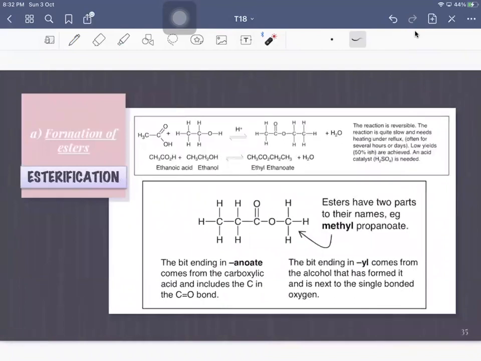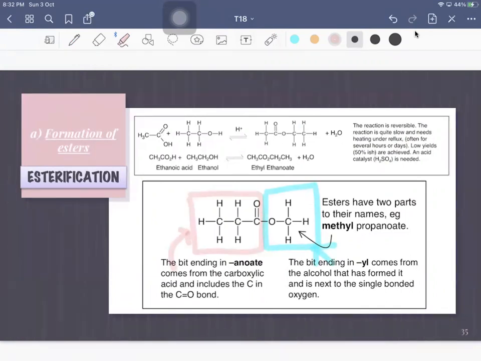All right. So for the naming of esters, the bit ending in yl comes from the alcohol. So that means this part is the alcohol. And the other side is the carboxylic acid.